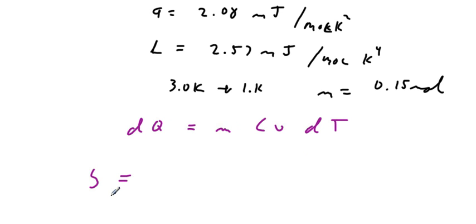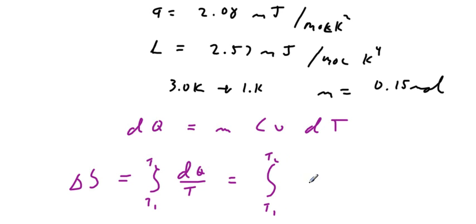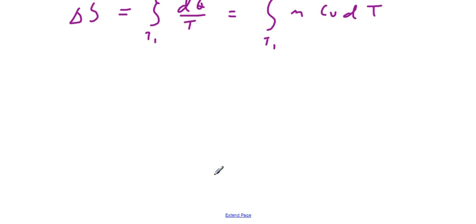Doing 50? Okay, change in entropy, that's what I thought. So the change in entropy is the integral from T1 to T2 of dQ over T. All right, so we've got the integral T1 to T2 of number of moles C V dT.